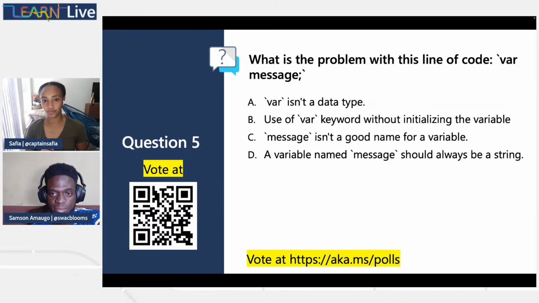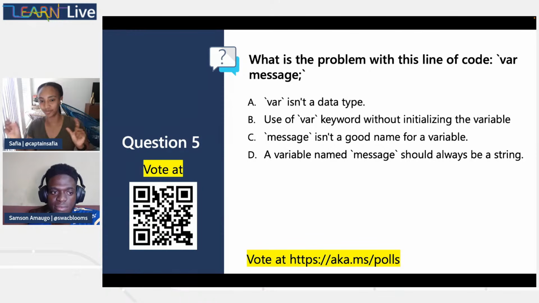All right, next up, what is the problem with this line of code? var message. Okay, so one, var isn't a data type. Kind of. This is incomplete to me because really the problem is that you're using var in a context where you should have initialized the variable.